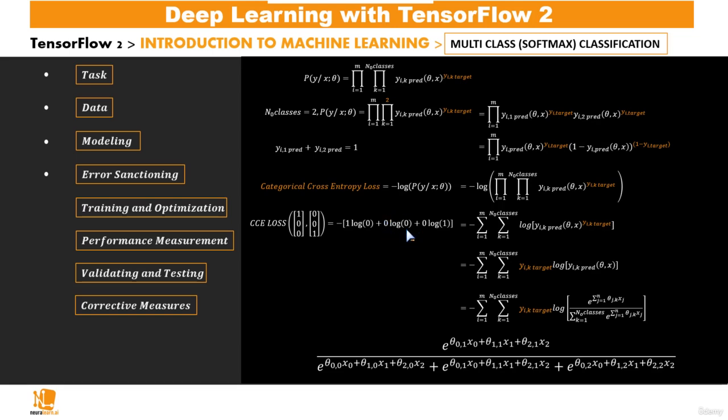So this gives us 0, and then log 1 is 0, so here we have 0, and this gives negative infinity. Negative times negative infinity, we have positive infinity. So we see that this loss function actually penalizes this model for poorly predicting this output.